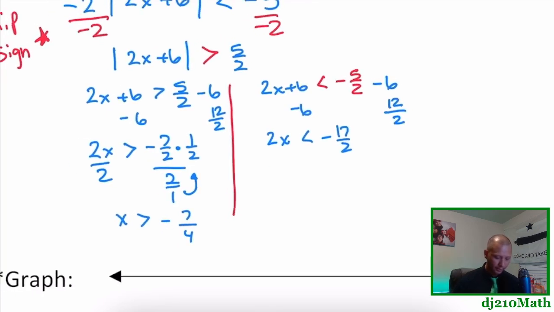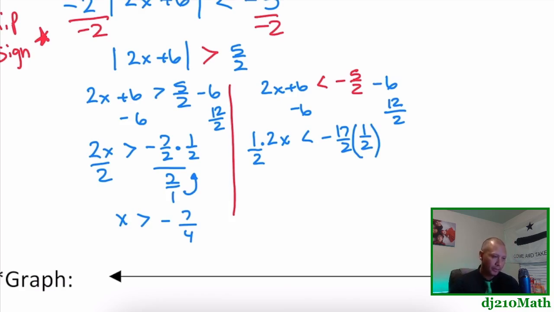All right, so here you're going to divide by 2, right? Naturally, divide by 2, because that's how you get x by itself. Understand that when you're dividing by 2, that's the same as multiplying by 1/2. So one could say, I'm going to multiply both sides by 1/2.